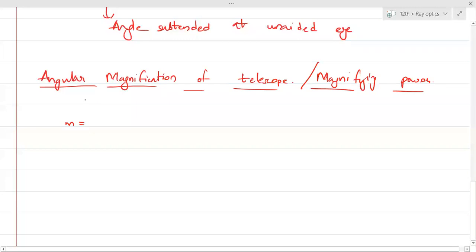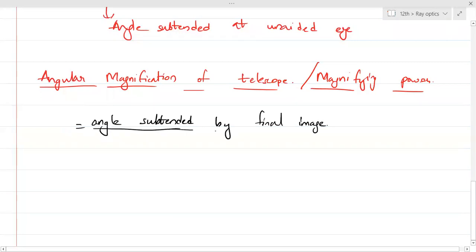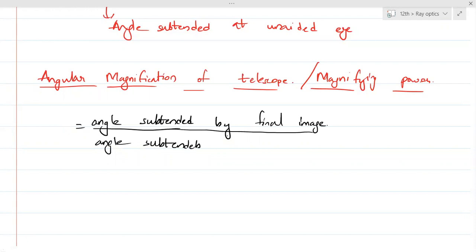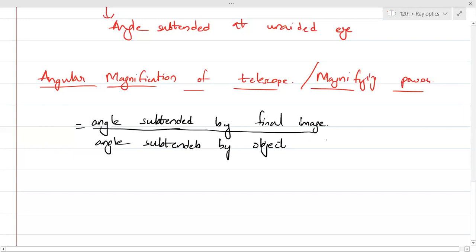And that is equal to the angle subtended by the final image upon the angle subtended by the object for an unaided eye. Yes, got it.